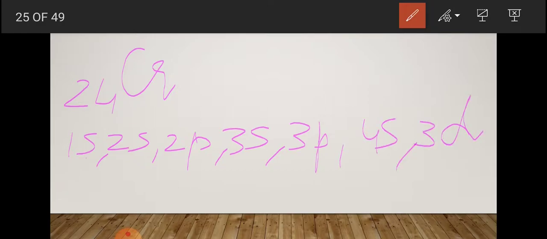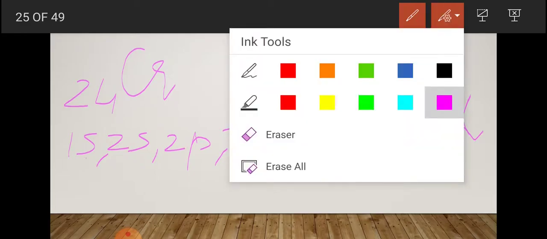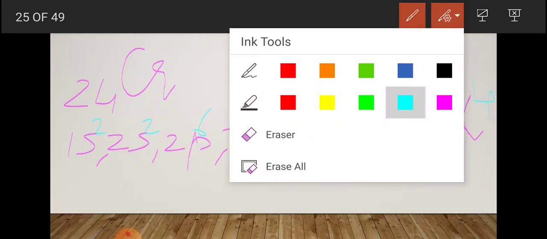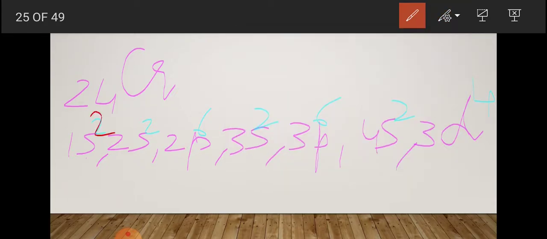Only this much will be occupied. Now let's fill the 24 electrons: 1s2, 2s2, 2p6, 3s2, 3p6, 4s2, 3d4.